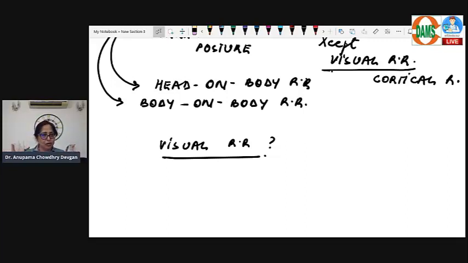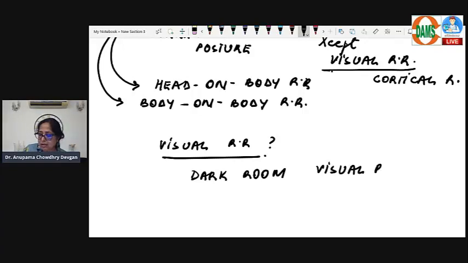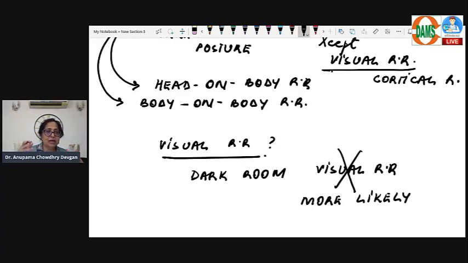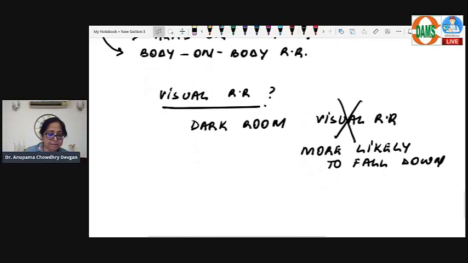In a dark room, visual righting is lost, so you are more likely to fall down, isn't it? If you are walking in a dark room and you stumble against something, you are more likely to fall down because there is obviously no visual righting reflex. There is no visual input, right?